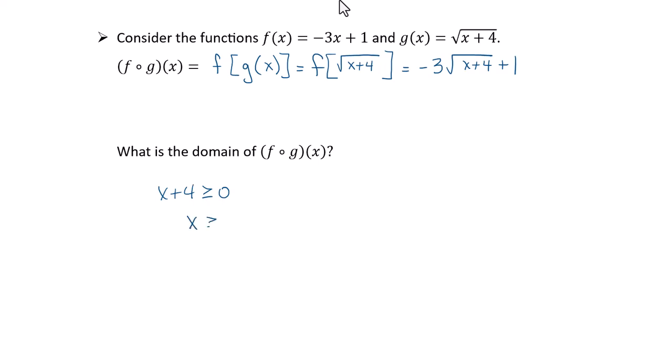So x must be greater than or equal to negative 4. And when we look at the apparent function that comes out, there's no other restriction except that x must be greater than or equal to negative 4. So the domain is negative 4 with a square bracket to positive infinity.